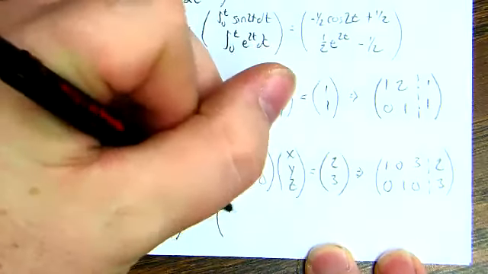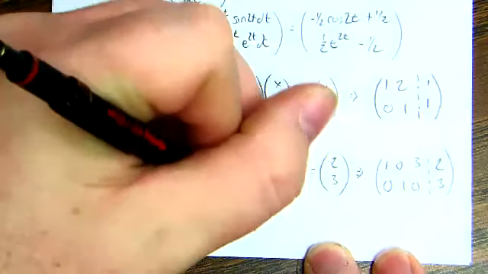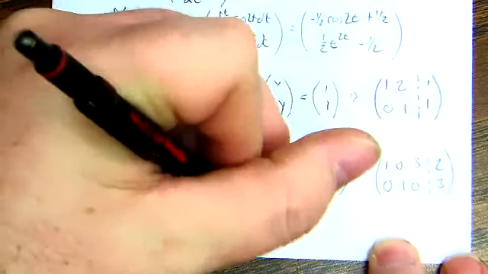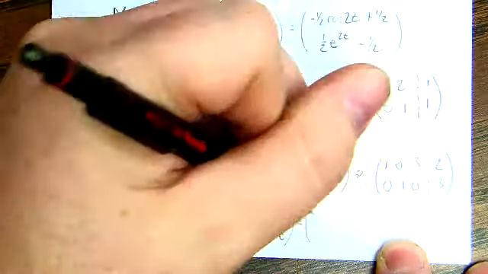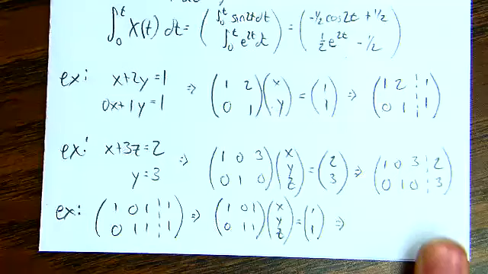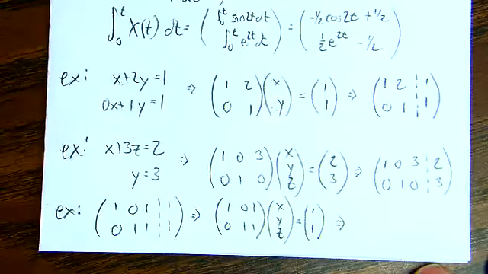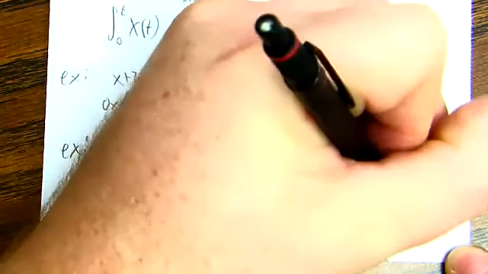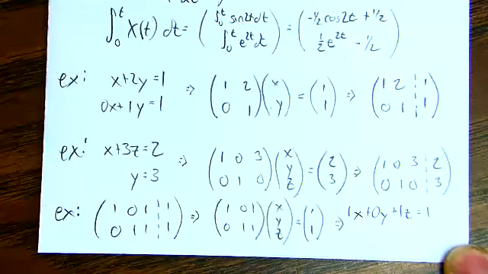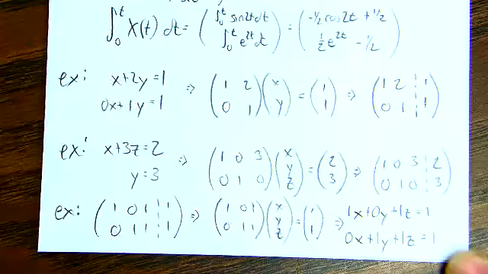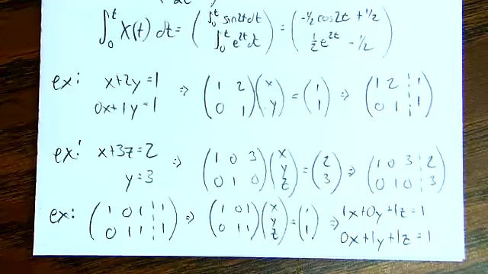This is shorthand for 1, 0, 1, 0, 1, 1 times x, y, z is equal to 1, 1, which gives us the system 1x plus 0y plus 1z equals 1, and 0x plus 1y plus 1z equals 1, which we could clean up, right? We could write this as x plus z equals 1 and y plus z equals 1.